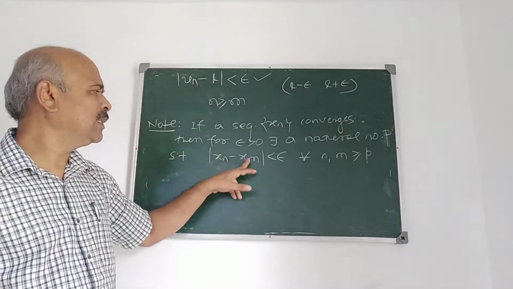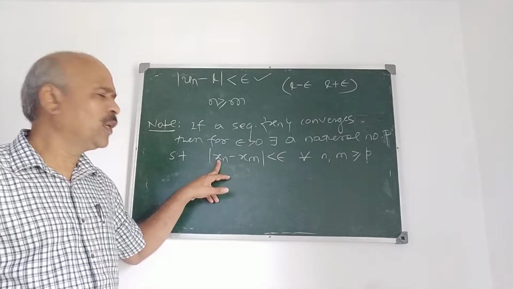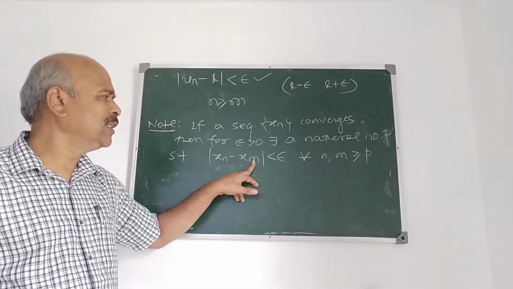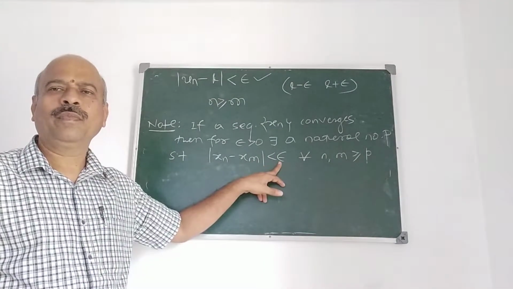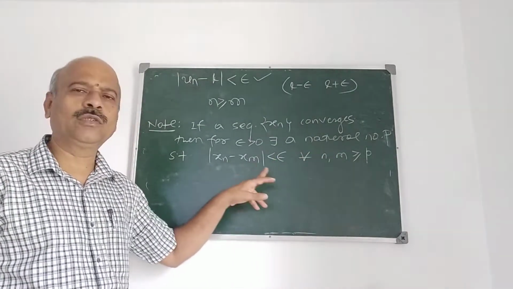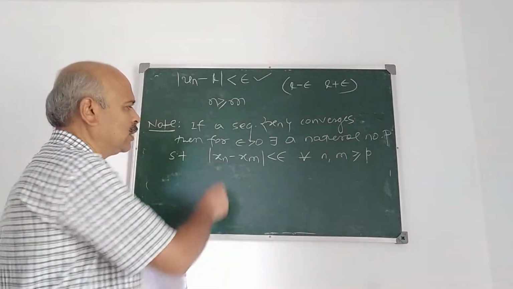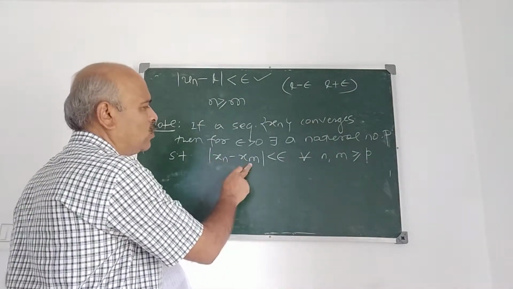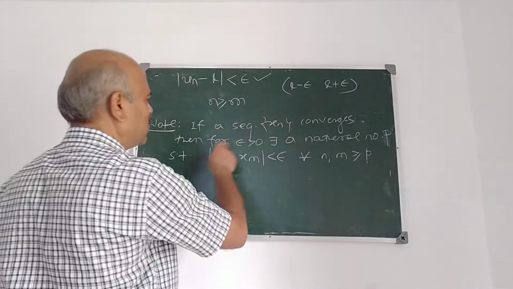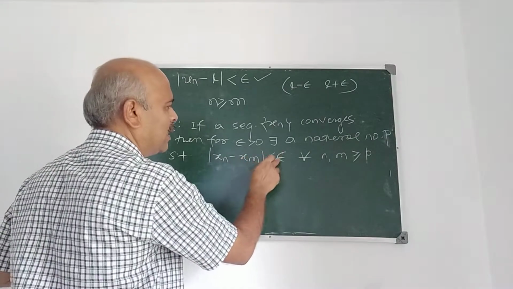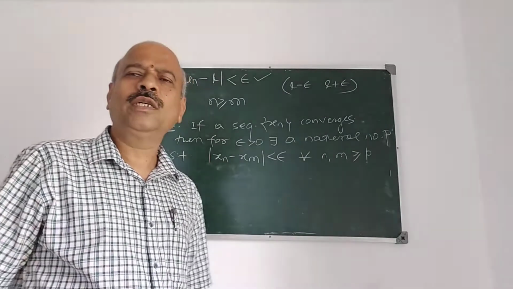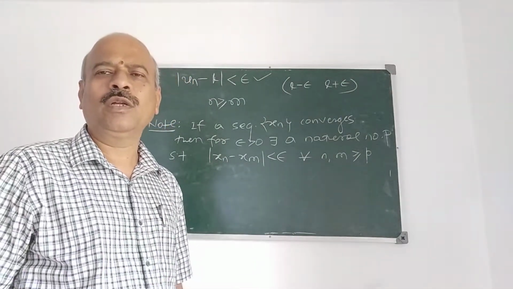Then xn minus xm, the difference between the 2000th term and the 1000th term of the sequence, must be less than epsilon. n and m are arbitrary, not only 2000 and 1000. For any large terms of that sequence, the difference between those two terms must be less than epsilon. If a sequence converges, then mod xn minus xm is less than epsilon for all n, m greater than or equal to P. Important result, we use this to prove that some sequence is not convergent.